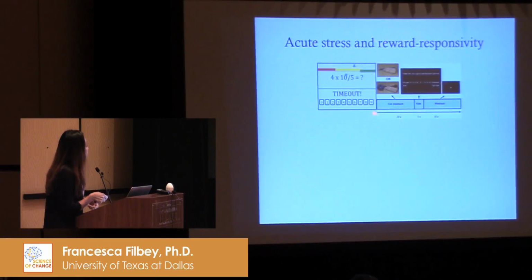So what we did to induce stress was give them the Montreal Imaging Stress Task, which is an fMRI or an imaging version based on the Trier stress task. So what happens is that they have to perform a very difficult arithmetic test, difficult for the level that the participants can normally successfully carry out.